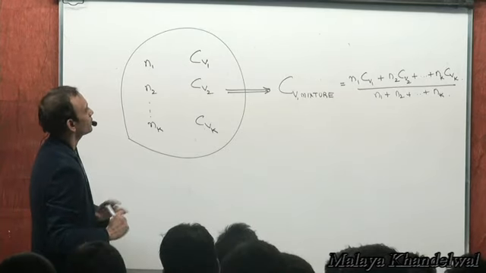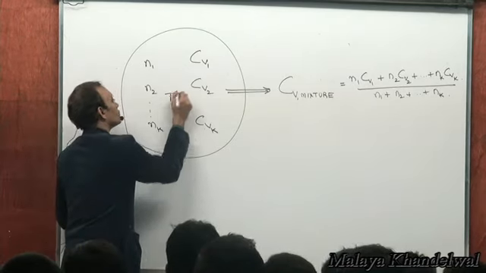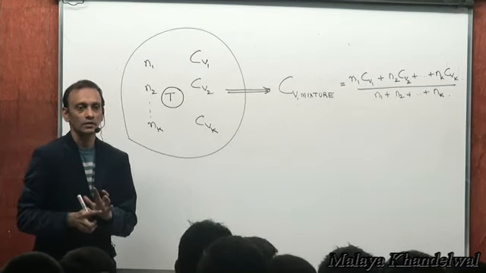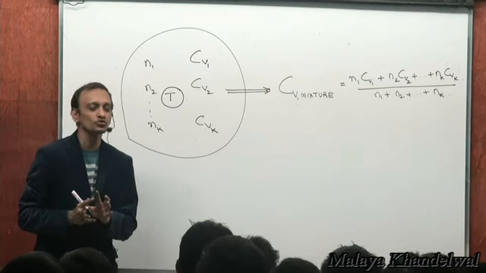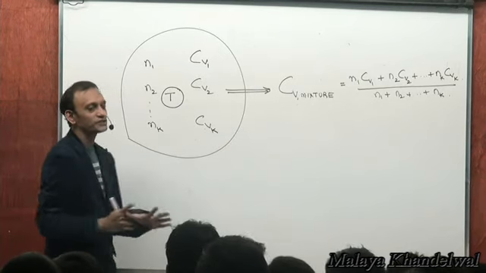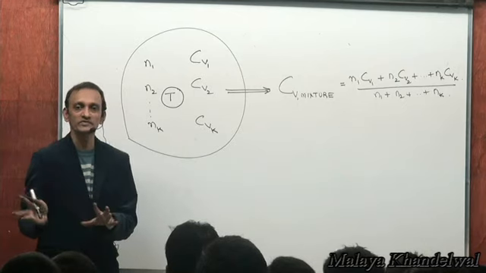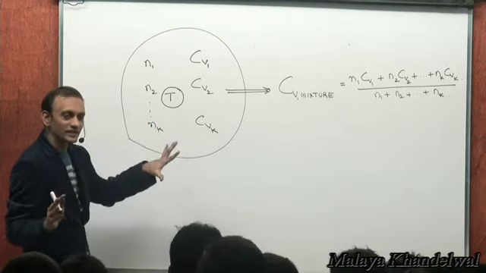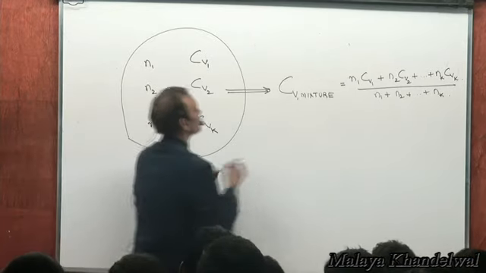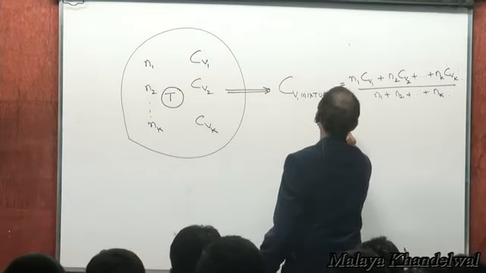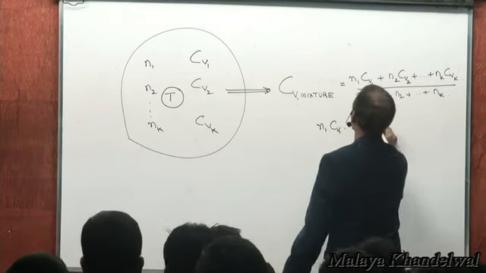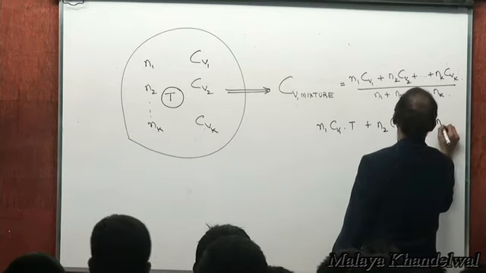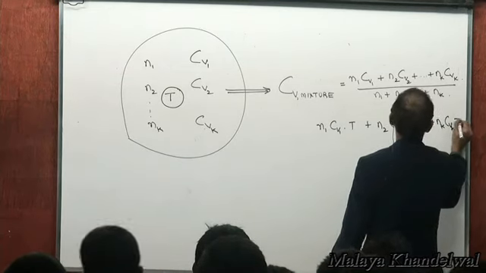In the entire mixture, all gases would be at the same temperature T. No relationship with the business of center of mass when it comes to this. The total internal energy of the system is going to be N1 Cv1 into T plus N2 Cv2 into T plus Nk Cvk into T.